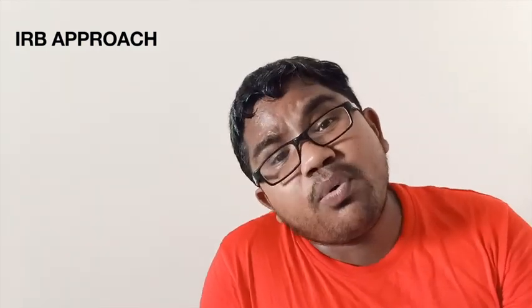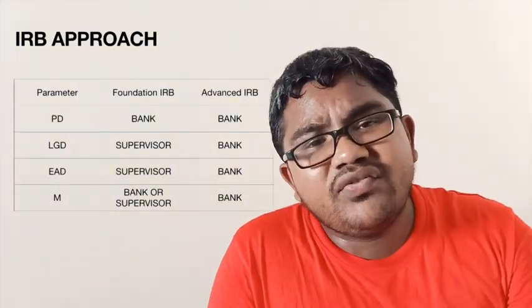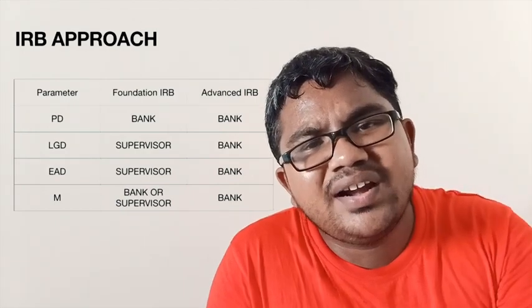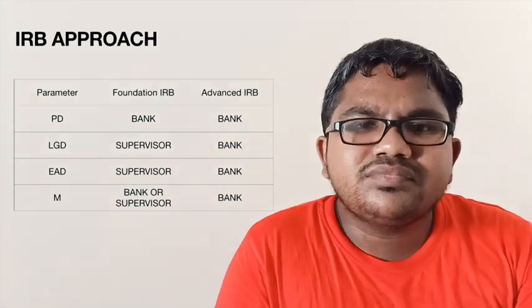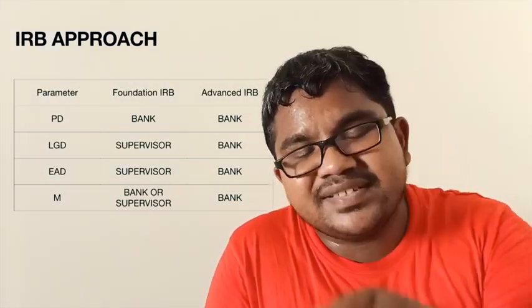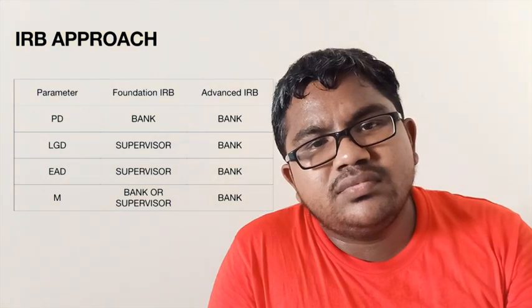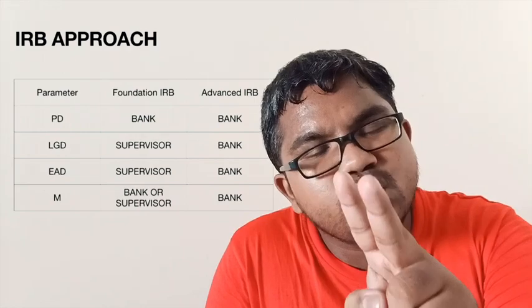Then who will provide this data? The history of losses, the history of defaulters, the history of exposures which are under a great crisis. These are all given by either of two parties: either a bank or a supervisor.